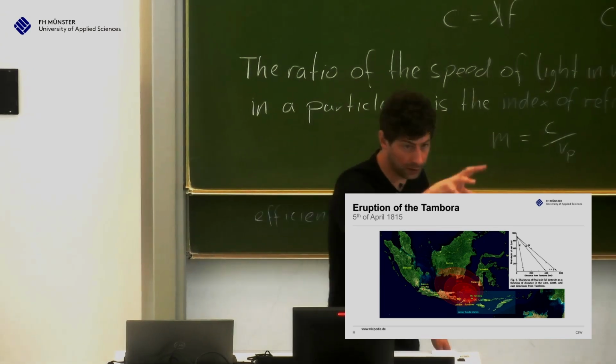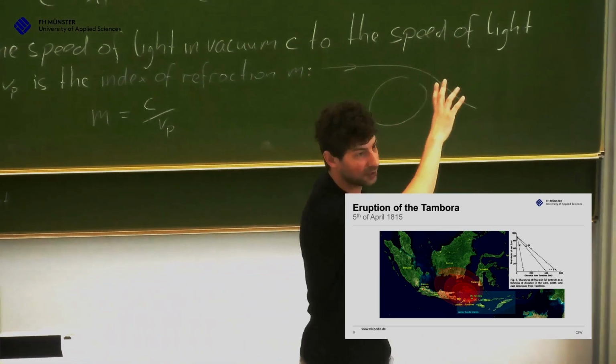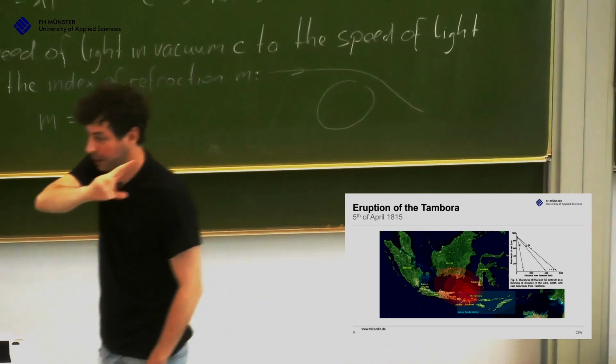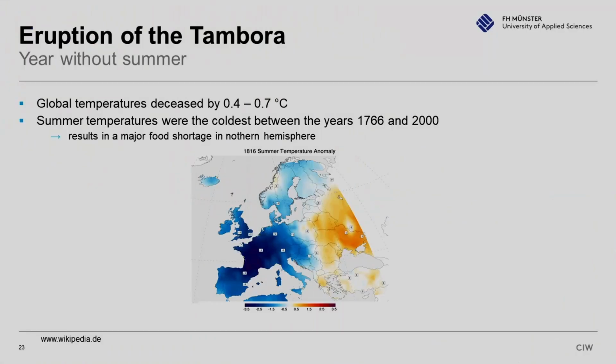So this is a local event somewhere in, I think it was Indonesia, right? But this local event leads to a change of the global temperature, decreased by 0.4 to 0.7 on average.